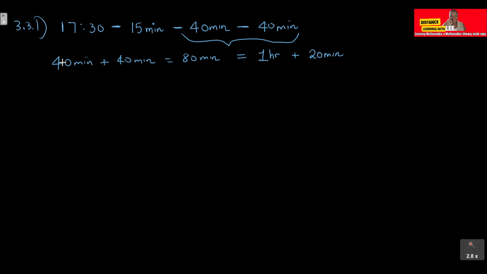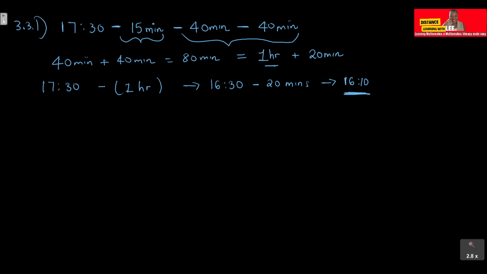If I take the 17:30 and subtract 1 hour, I'll be at 16:30. And if I'm at 16:30 and I subtract the 20 minutes, that will leave me at 16:10. So now we've dealt with this 1 hour and 20 minutes. Now we need to deal with this 15 minutes. We need to subtract it from this 16:10.